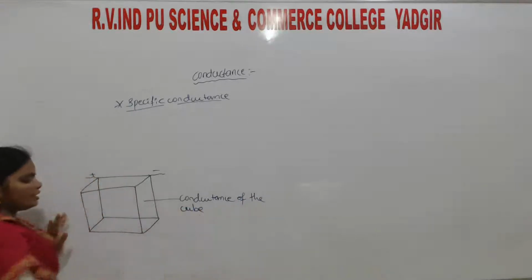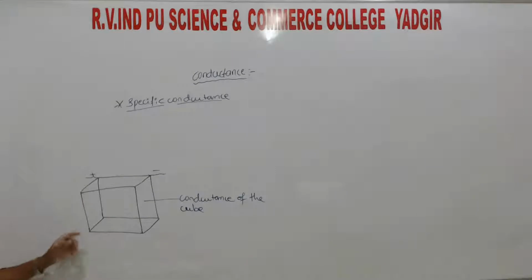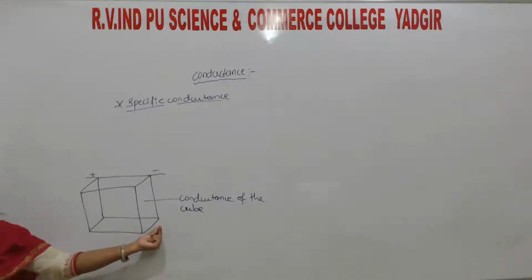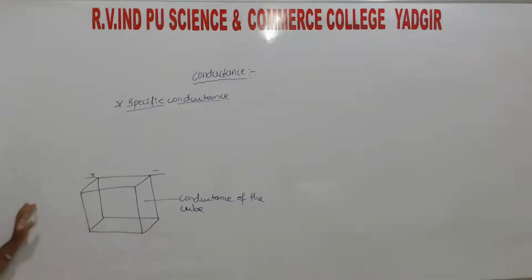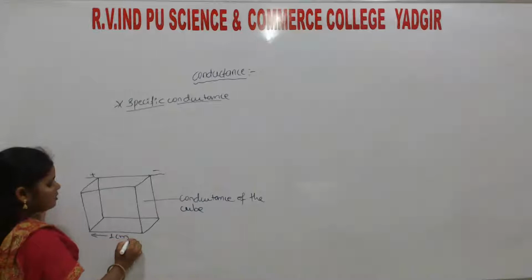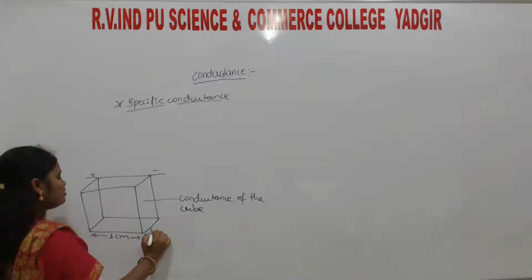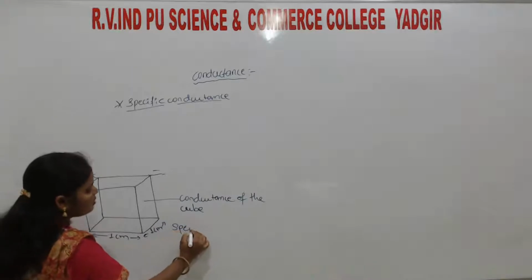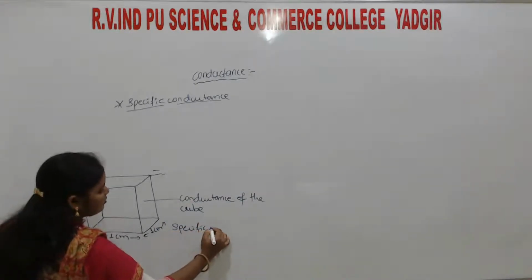This is the conductance of the cube. Here this is 1 centimeter and this is also 1 centimeter. That is the specific conductance.